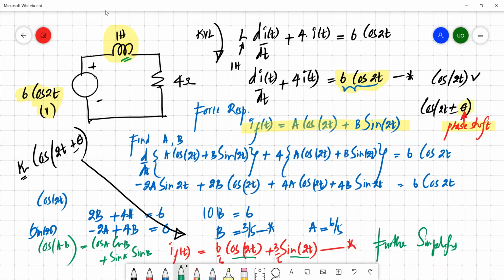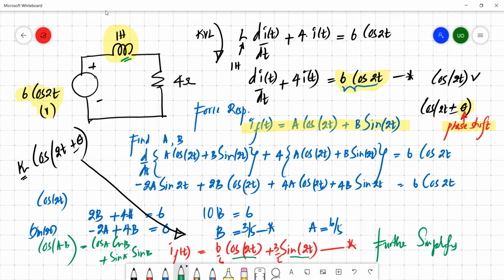Last time we argued that force response is the steady state response of the circuit. The steady state response can be manipulated by an inductor or a capacitor, or a combination of inductor and capacitor, by introducing a phase shift.